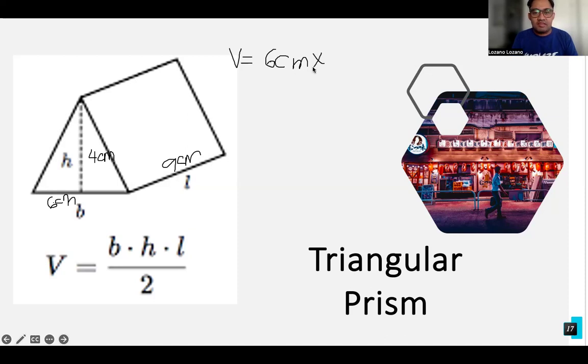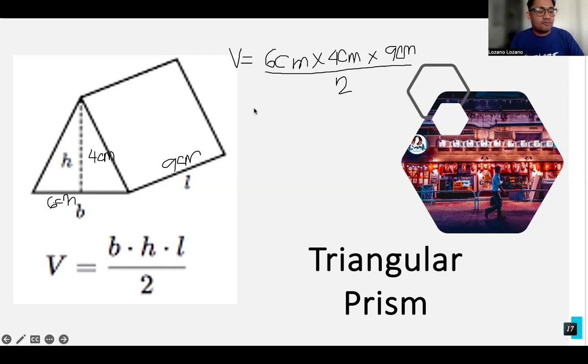Okay, we multiply to the height of 4 centimeters. Then, multiply to the length of 9. Very good. 9 centimeters. Okay, so let's multiply to get the volume of our triangular prism, but there is 8. Kulang pa yan. So let's divide it into 2.